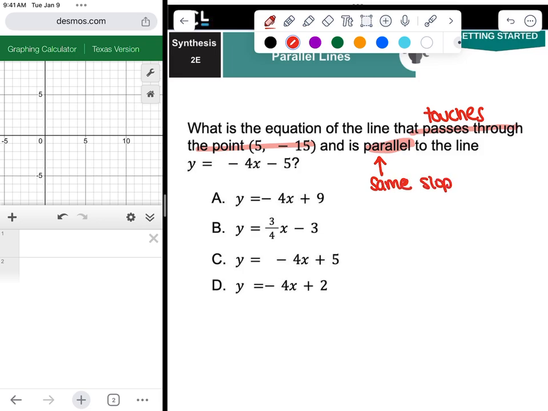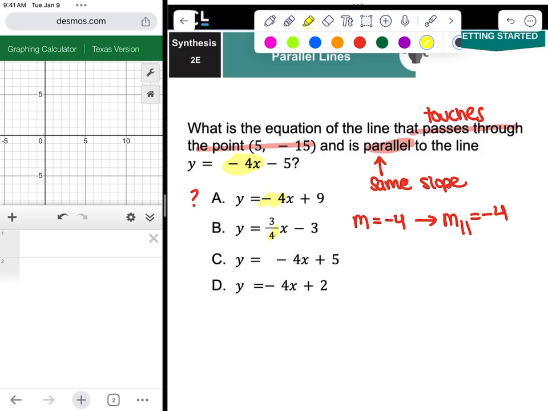So when I'm looking at equations like y equals negative 4x minus 5, remember to find your slope, we're going to be looking at the number with x, which is negative 4. So m is equal to negative 4. M parallel will also be equal to negative 4. So A, y equals negative 4x, that's a maybe.